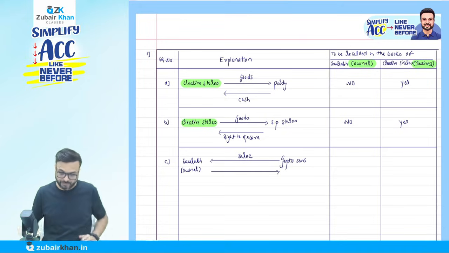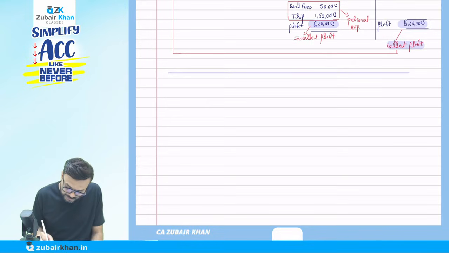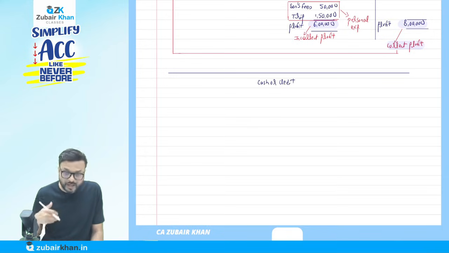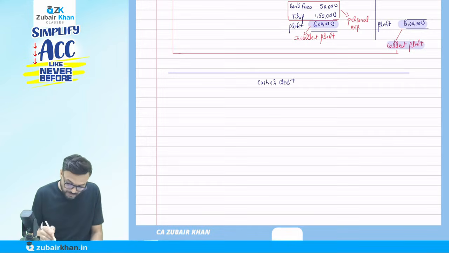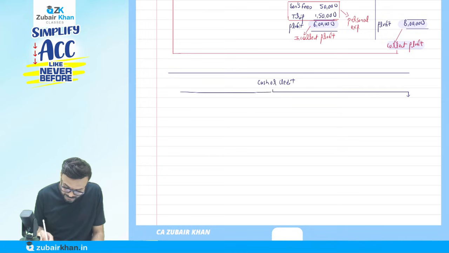You understand what I'm saying. Whether the transaction is a cash transaction or a credit transaction, how to decide that? It might happen that they will give you the information in the question, that the transaction is a cash transaction or a credit transaction.